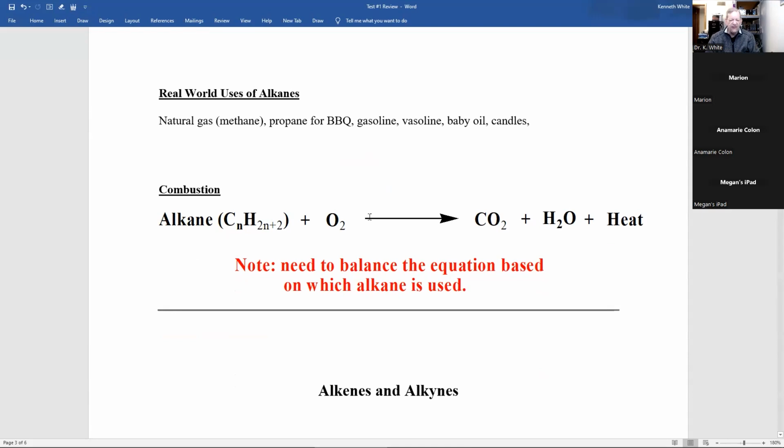Now, the first reaction I asked was combustion. And combustion, you have an alkane, or it could have been a cycloalkane, oxygen. You get carbon dioxide, water, and heat. Now, since I will ask, give the product or products, heat is not considered a chemical product.